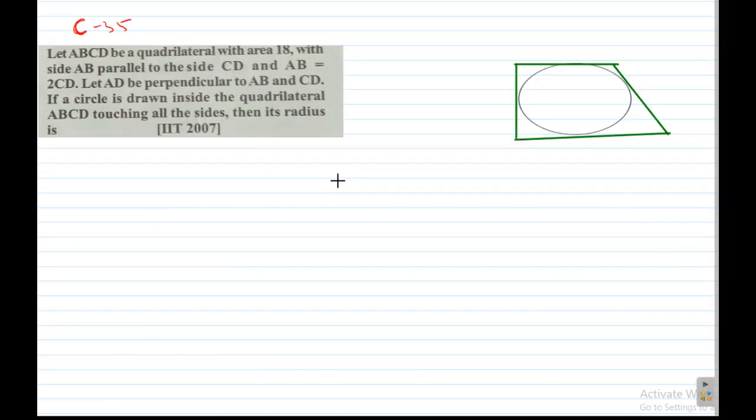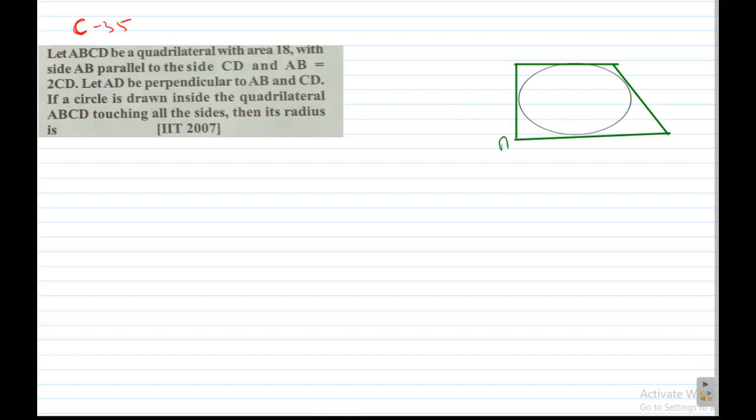Okay students, our 35th problem, an interesting problem. ABCD is a quadrilateral with area 18 square units. Side AB is parallel to side CD and AB equals 2 times CD.